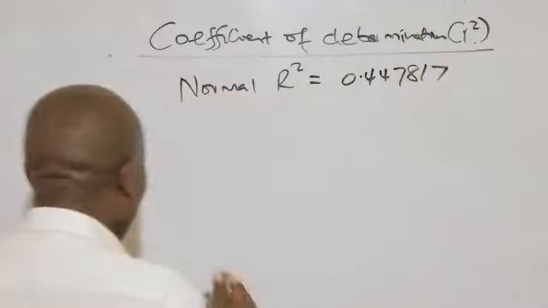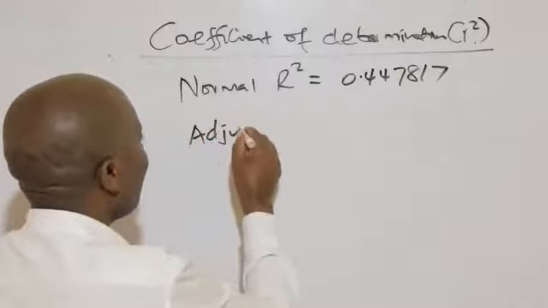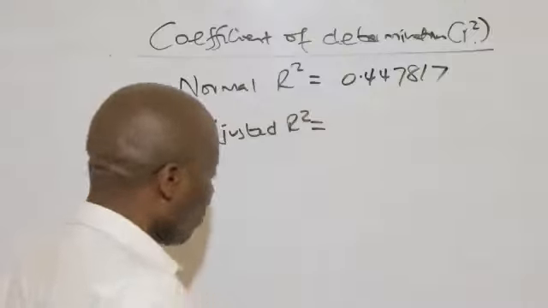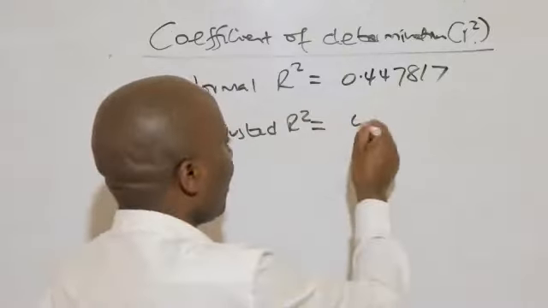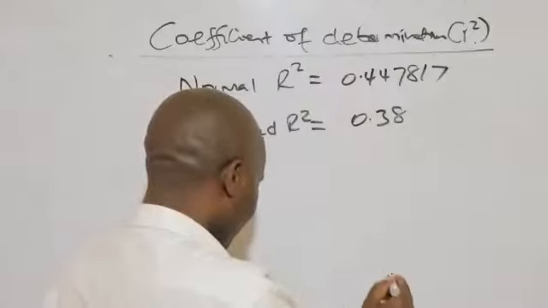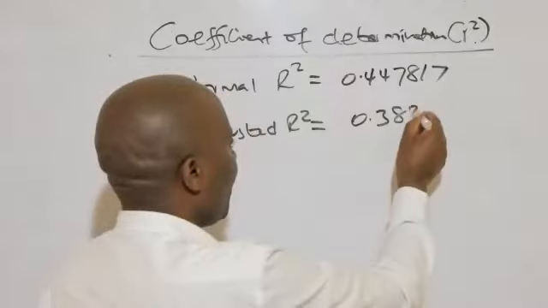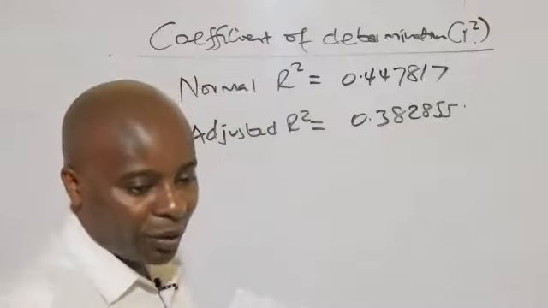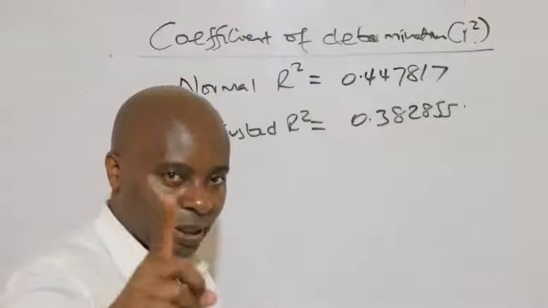And then we have our adjusted R squared, which is 0.382855. So between the two, ladies and gentlemen, of course I will only use one.